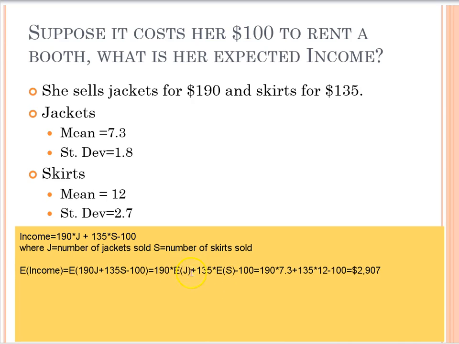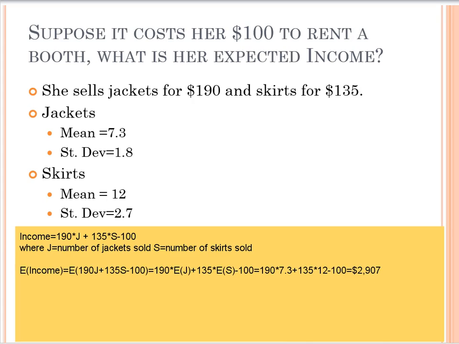So we're just left with the expected number of jackets to sell, and the expected number of skirts to sell. And those are given to us in the problem, so we can simply plug those into our formulas at 7.3 for the expected number of jackets and 12 for the expected number of skirts. And that's going to give us a final answer of $2,907. That is her expected income.